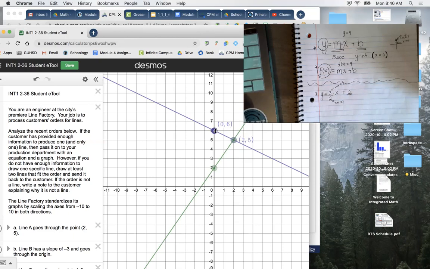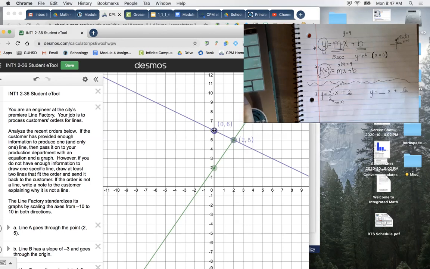My second line is right here, this guy. So on this one, when I have y equals blank x plus b, you're going to see me do that a lot because now I can fill these in. My y-intercept is up at 6, 0, 6. So I've got my y-intercept. But now my slope, I go down 1.